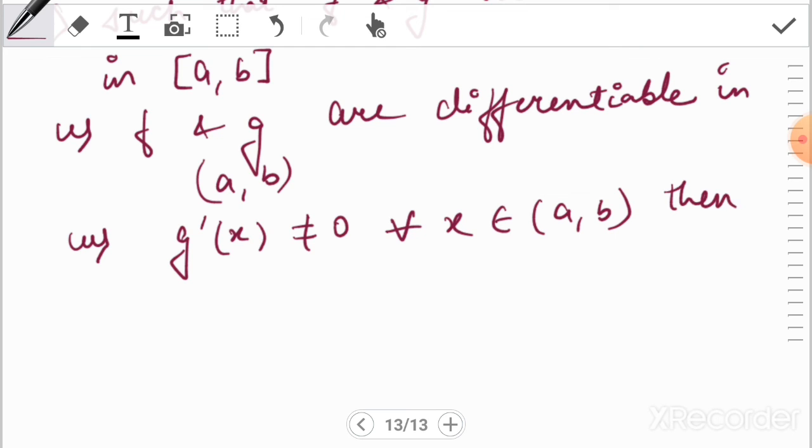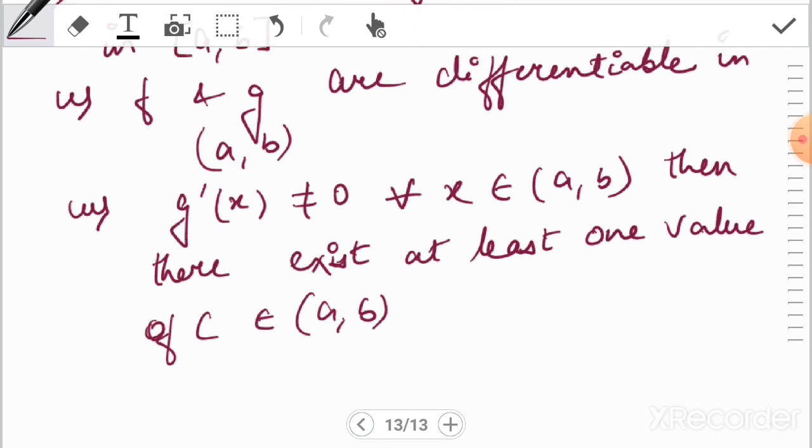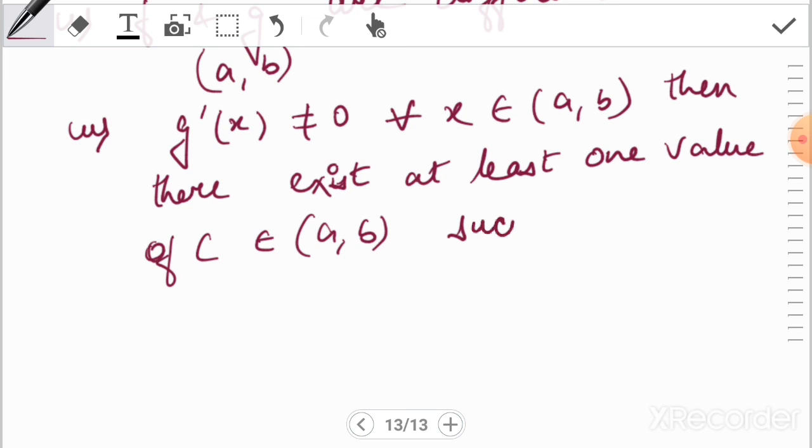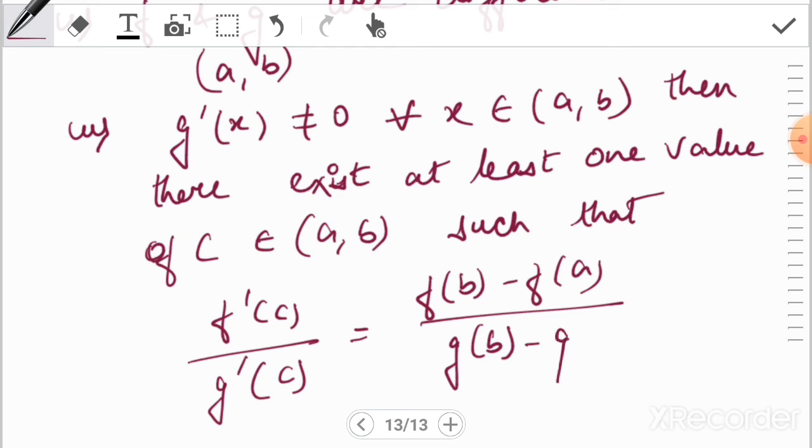Then there exists at least one value of c in (a, b) such that f'(c) by g'(c) is equal to (f(b) minus f(a)) by (g(b) minus g(a)).